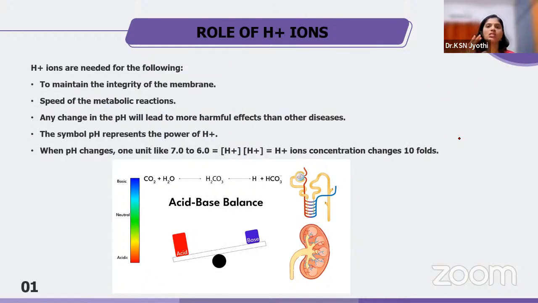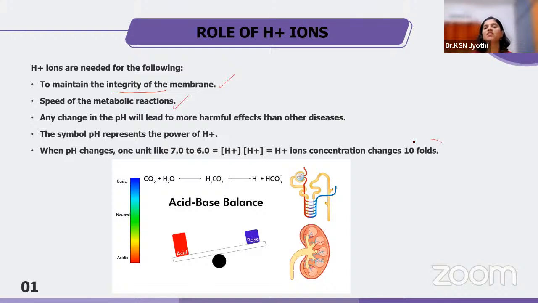Because H plus ions have a prominence inside cellular metabolism, it is important to maintain the acid-base balance, because H plus ions are required to maintain the integrity of the biological membranes. They're associated with speeding up of the metabolic reactions. And any change in this pH will automatically affect the human body, resulting in various diseases.